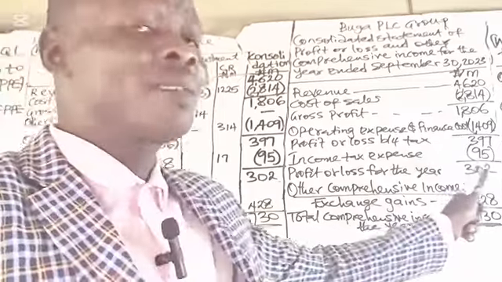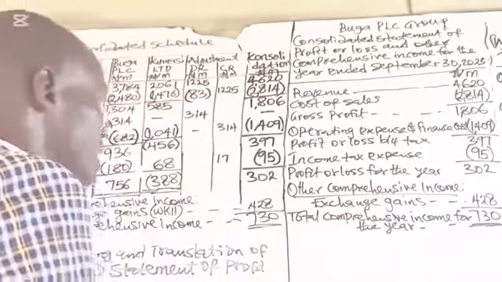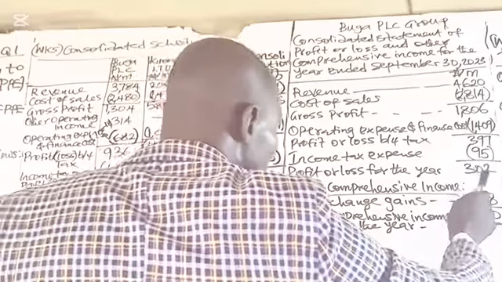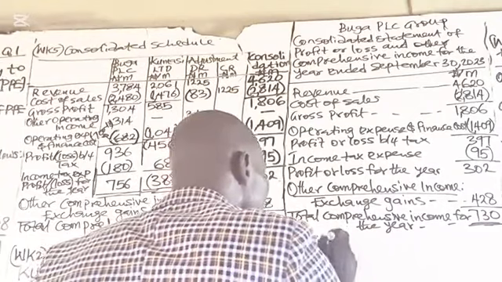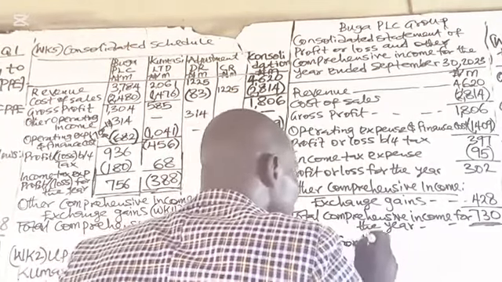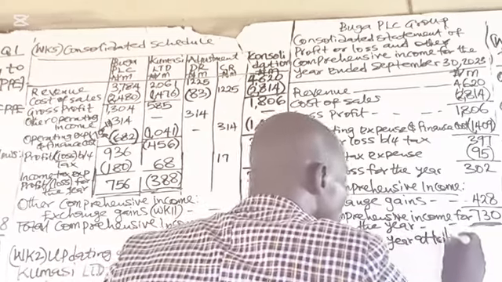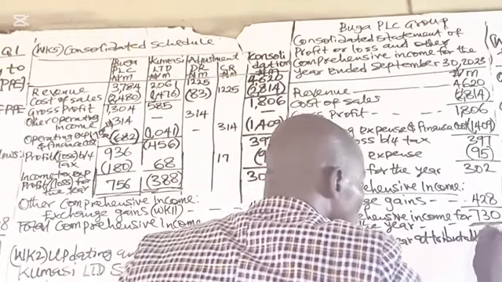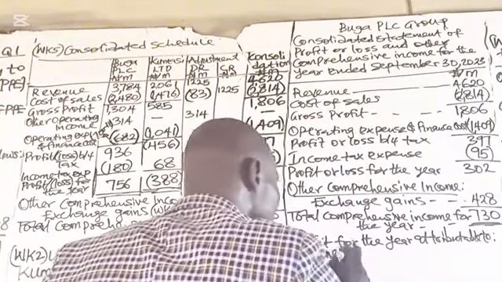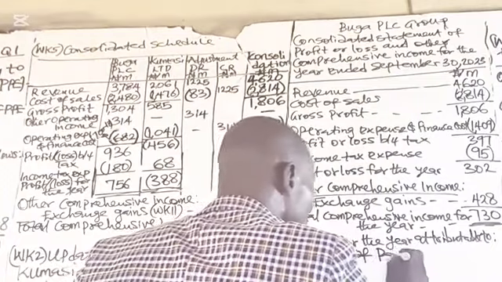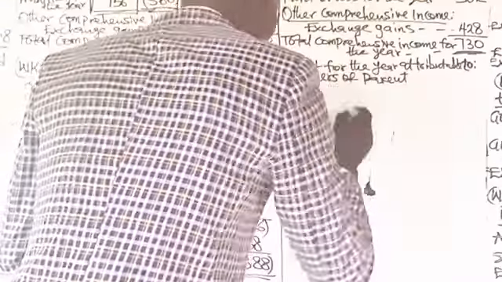This profit for the year will be shared between the parent company and the non-controlling interest. You know, we have the profit for the year of 302. So we have profit for the year attributable to the owners of the parent, and we equally have the non-controlling interest.